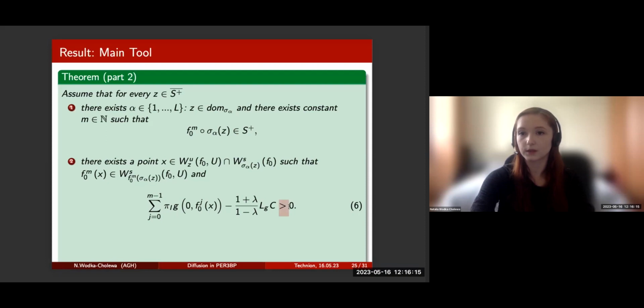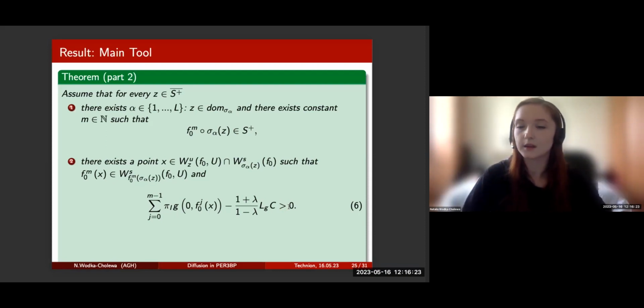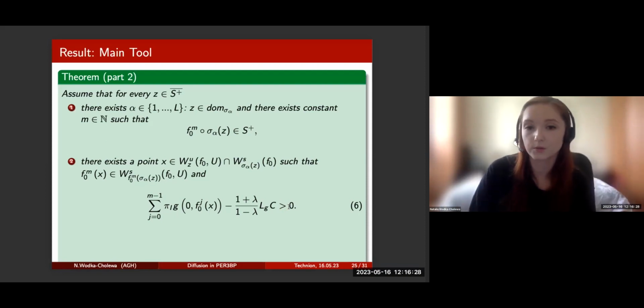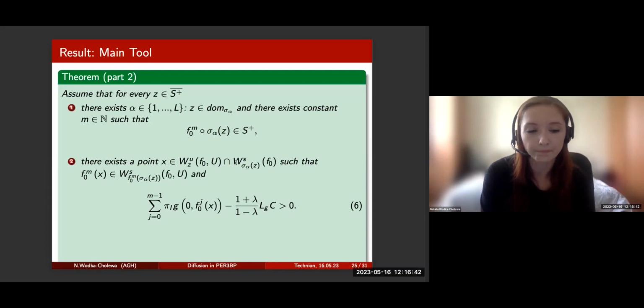So that's the main tool and main thing from this rather technical theorem that has a lot of assumptions, but it's better to calculate than the integrals, because it's a sum. So you put in your setting and try to find if the hyperbolicity and everything works, and you take points from where you have to, and you have the bounds for the manifolds, and you calculate the sum with this remainder, and you have to check if it's bigger than 0.